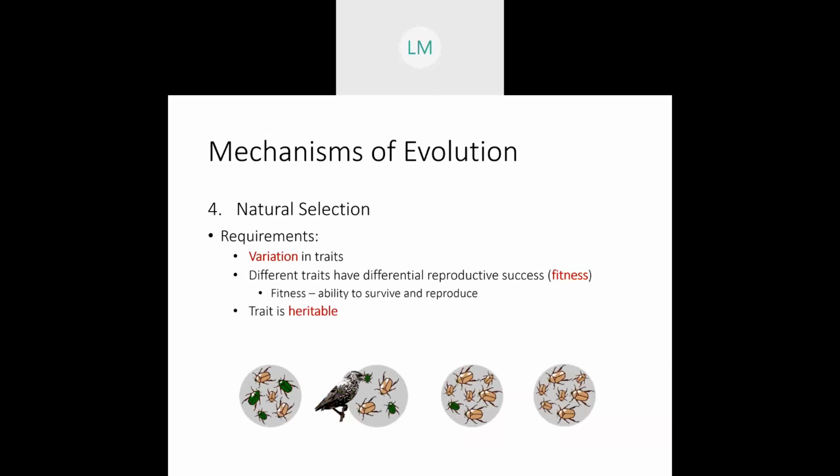In order for natural selection to happen, there are a few things that this trait has to have. First of all, there has to be variation in traits, right? If everybody's the same, then no individual based on that trait is going to be able to survive and reproduce more than anybody else. So we have to see some variation. These different traits also have to have differential reproductive success, right?